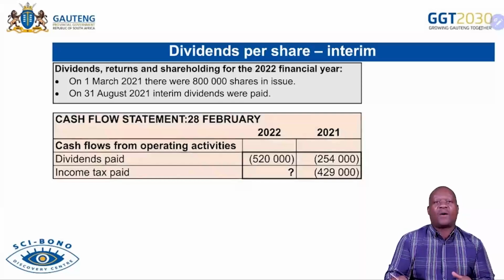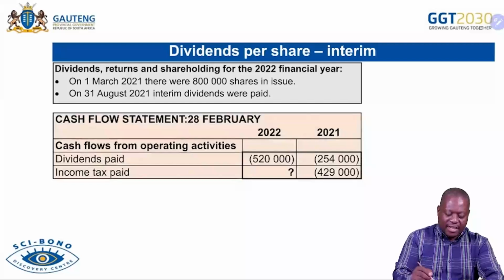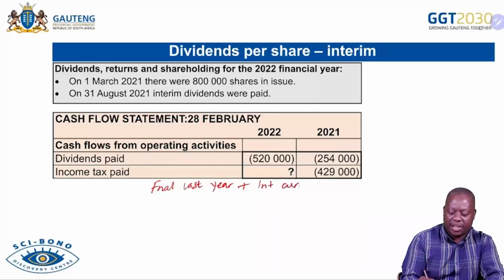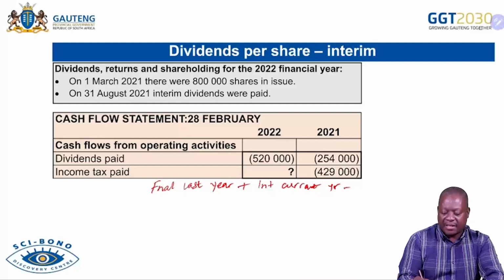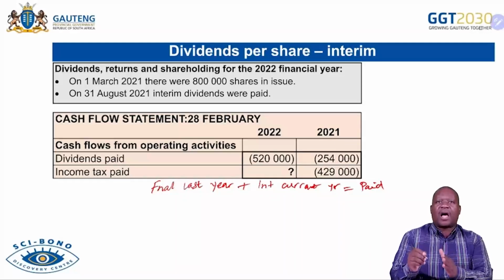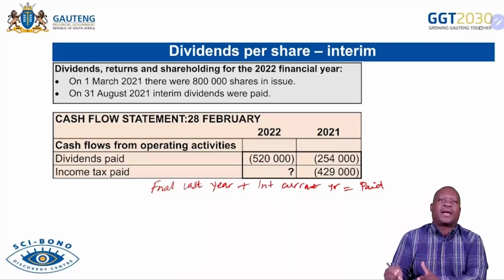We can prepare our dividend paid notes, but another easy way is to say it is made up of the final dividend from last year plus our interim dividend during the current year.